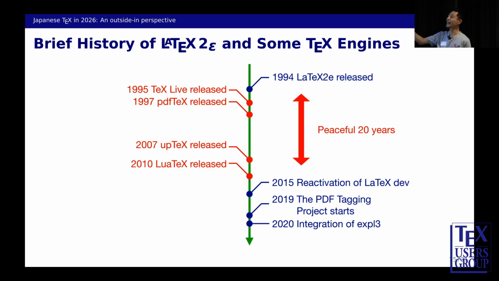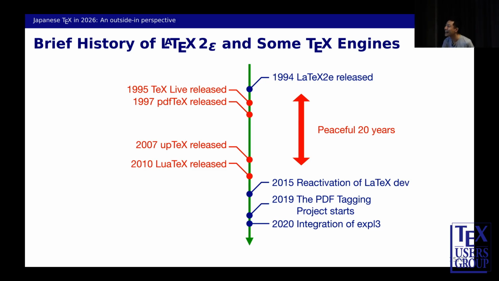But anyway, LaTeX experienced a code freeze era of almost 20 years, which I call the peaceful 20 years for Japanese developers. Yeah, almost. So from when I was born until I was 20 years old, it was peaceful years.